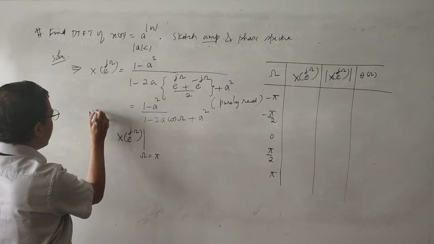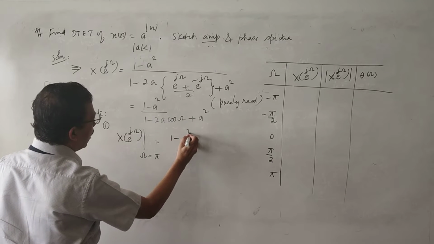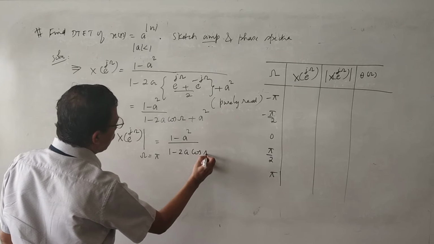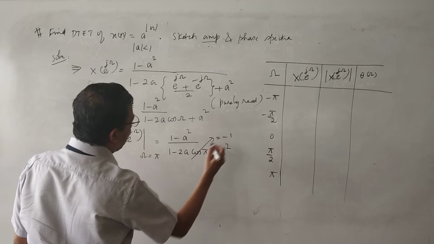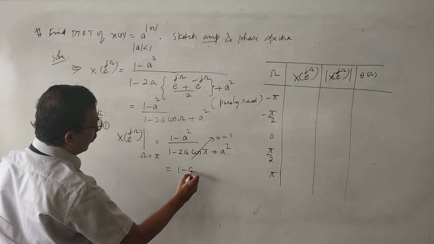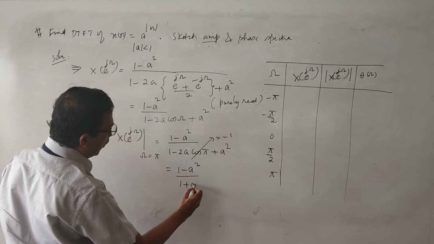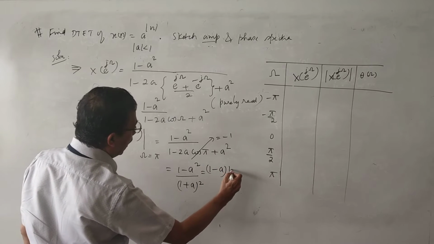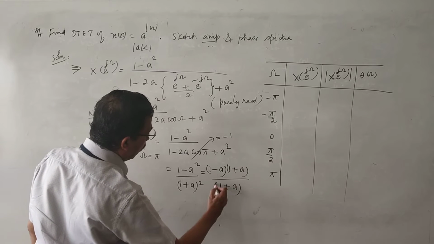X of e power j omega when omega equals pi becomes 1 minus a square divided by 1 minus 2a cos of pi plus a square. Cos pi is minus 1. Therefore, denominator becomes 1 plus 2a plus a square, which means 1 plus a whole square. 1 minus a square is 1 minus a into 1 plus a, divided by 1 plus a whole square.